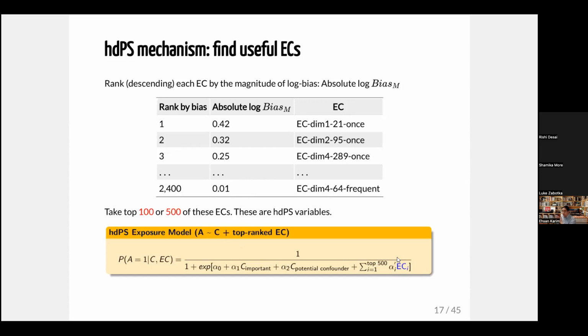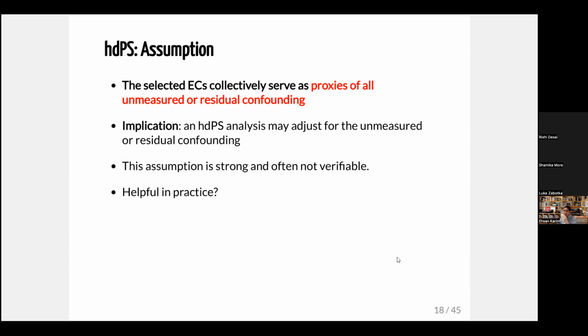But before I show you the result, I just want to make sure, what does this mean when we are selecting these empirical covariates? The basic assumption is that the selected empirical covariates, for example the selected 500 that we chose in our previous slide, are collectively serving as proxies for all unmeasured confounding or residual confounding. That means that through our hdPS analysis, we are adjusting for any kind of unmeasured or residual confounding.